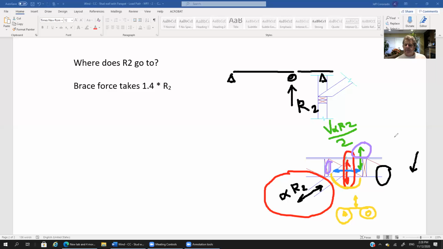But I think that's a matter for another tutorial if that isn't clear to you. I think at this point, by taking the loads into the rafters, we can stop here and say that we've answered, and let me make sure of that.